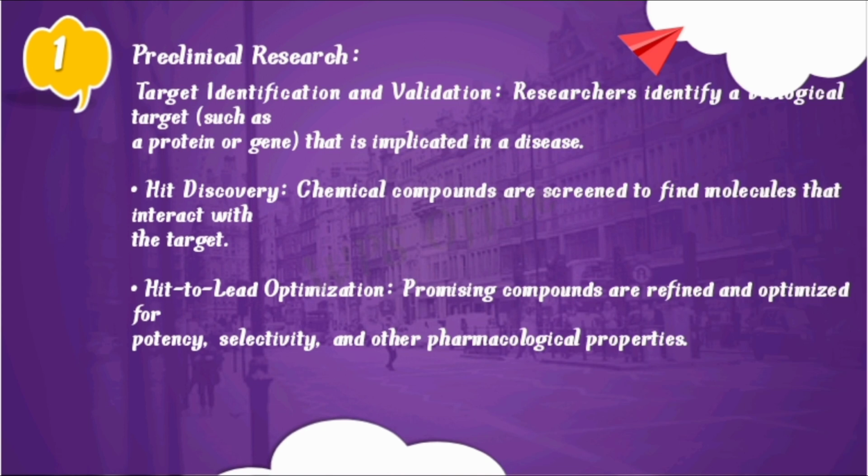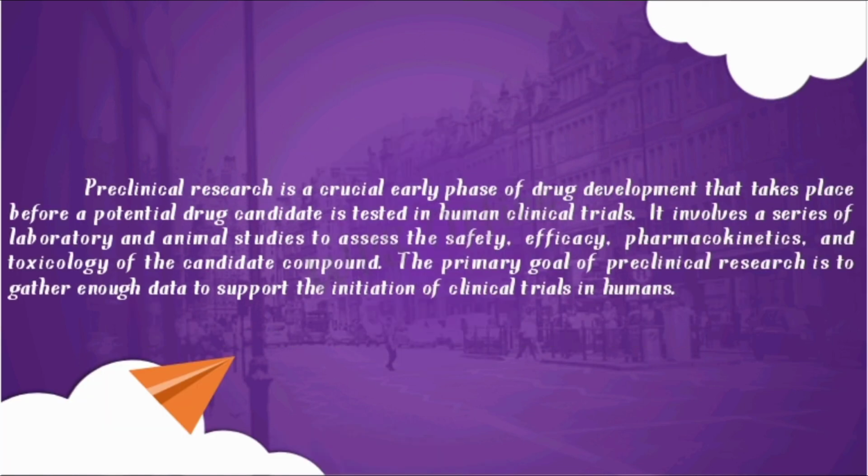Then the discovered hit is converted into a lead, and the compounds are refined and optimized for potency, selectivity, and other pharmacological properties. So preclinical research is the phase of drug development that takes the drug to human clinical trial.